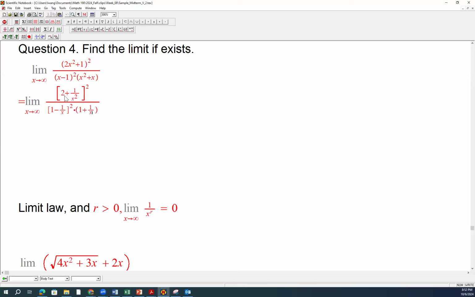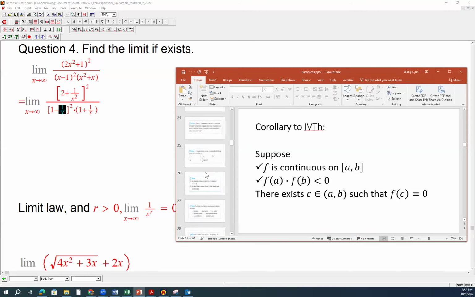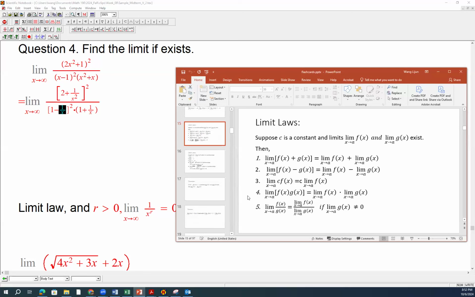Each individual term's limit exists. I wish you guys to look at limit law to see the extent of limit law we get to use if we do it this way. Limit law: we have adding, subtracting, multiplying, dividing.